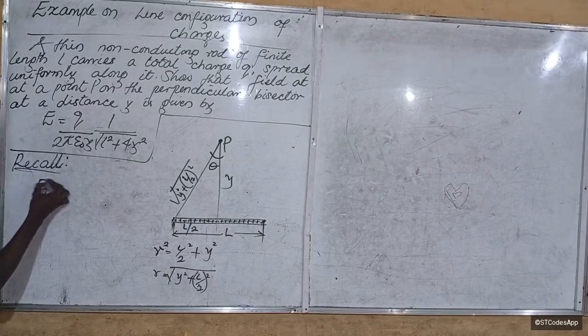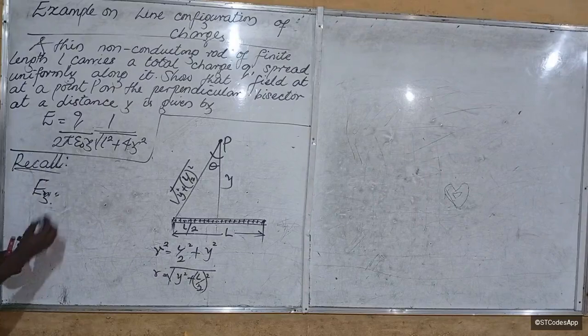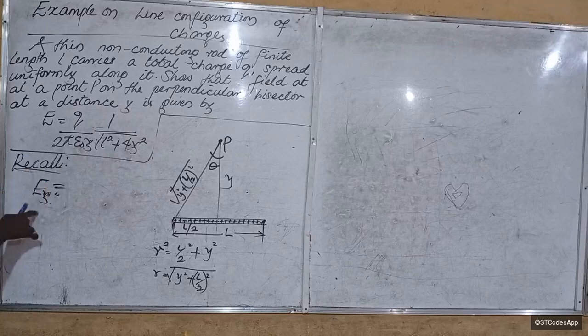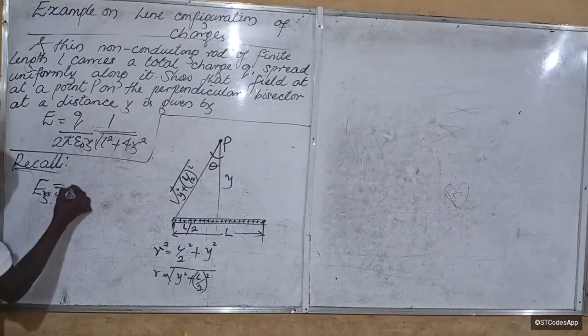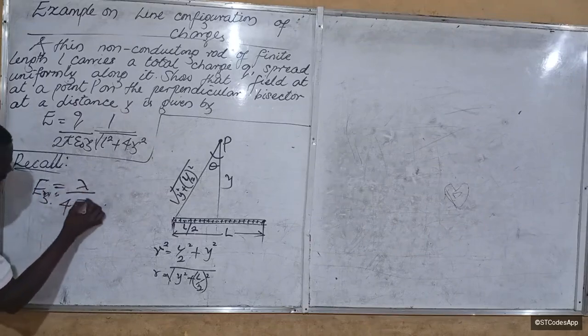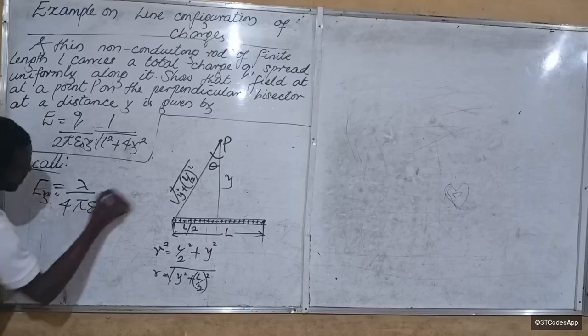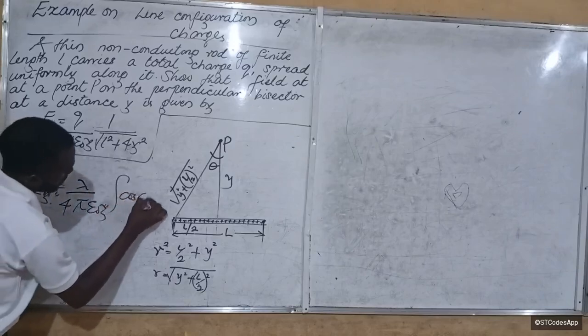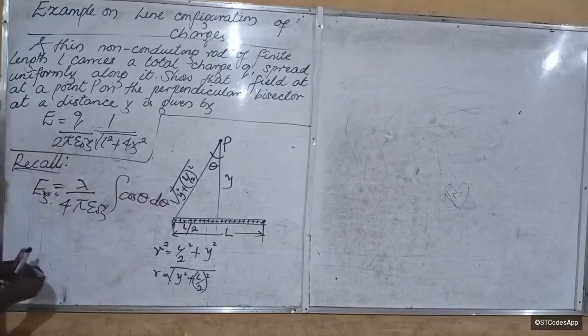So that part says that dEy will be equal to, the integral of dEy is going to be lambda over 4 pi epsilon naught y, integral of cos theta d theta.